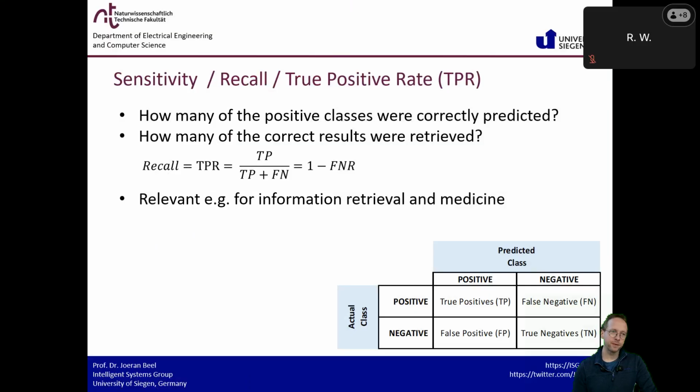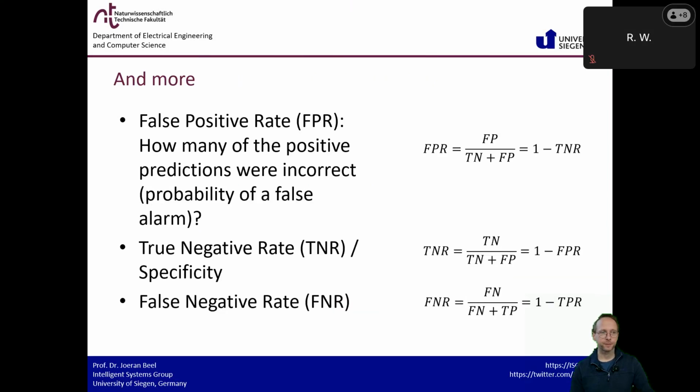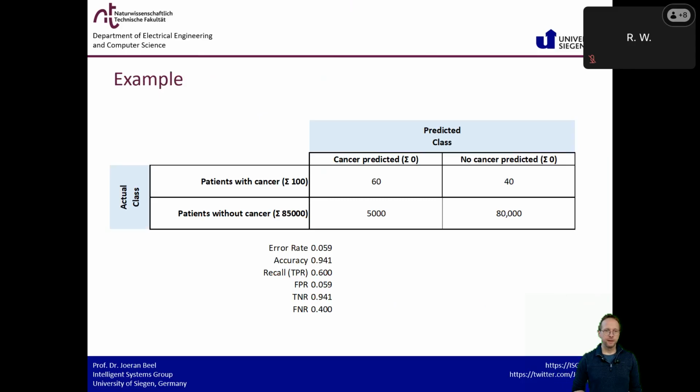So it's kind of in cancer, how many of the cancer cases have you predicted correctly as having cancer? Yeah, this is just an example. You can calculate that at home if you want.